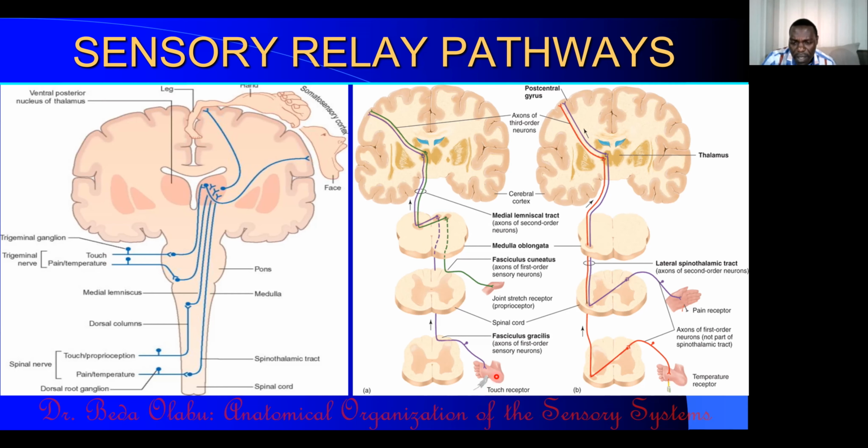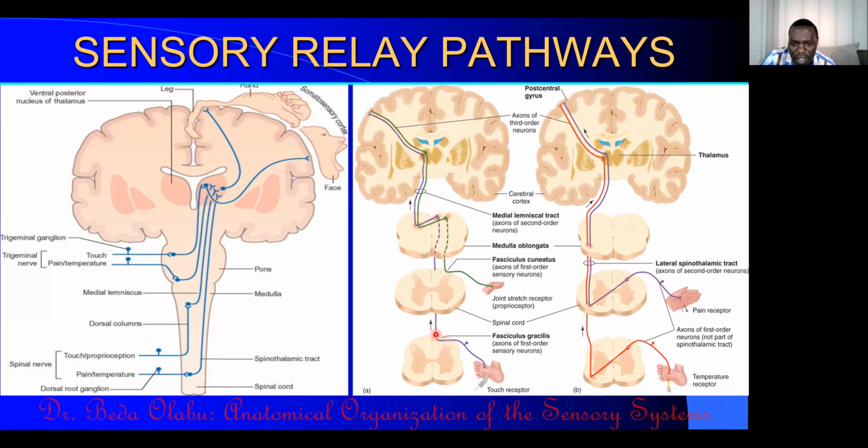So from the receptor, the first order sensory neuron, its cell body is outside the CNS, that's okay. Then the axon enters. Now the axon enters through the dorsal root, yes, but doesn't synapse there. The axons occupy the dorsal column of the spinal cord. And because they are still first order neurons, they will not decussate yet.